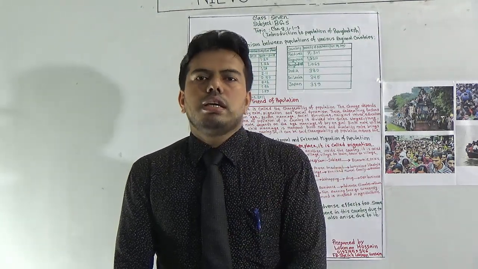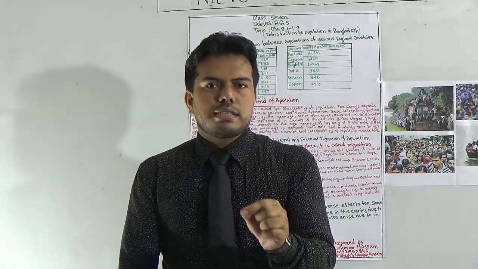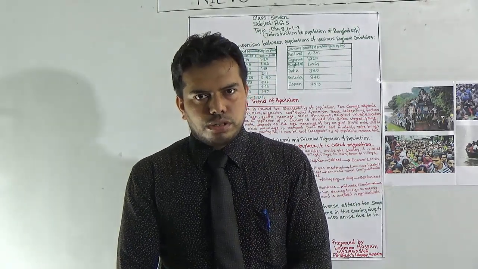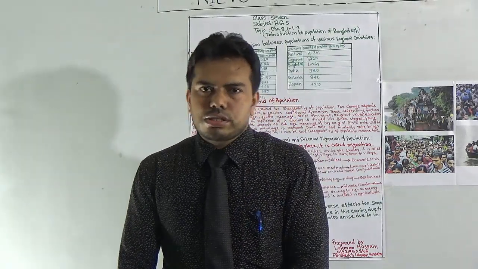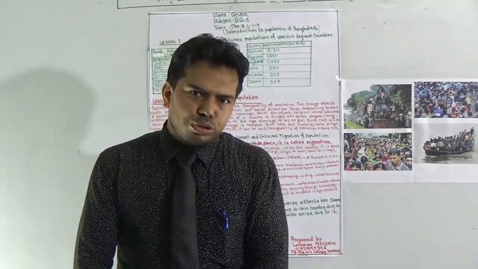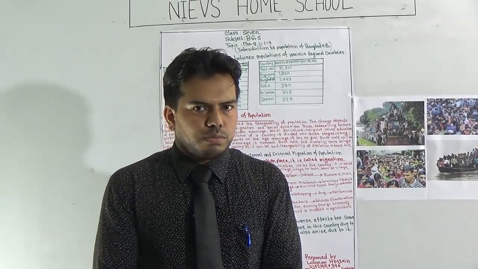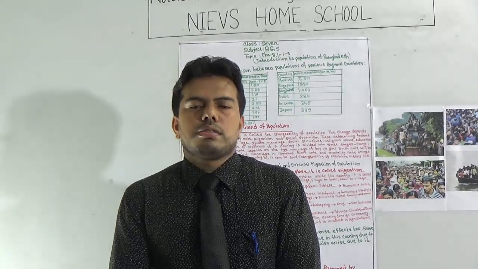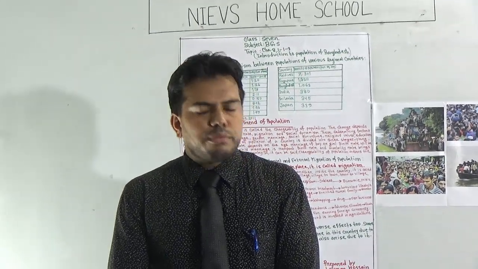And the last one, you got the idea about causes, effects and results of migration. So I hope you have understood today's topic, and I also hope that you have submitted your previous homework. So keep practicing at home.